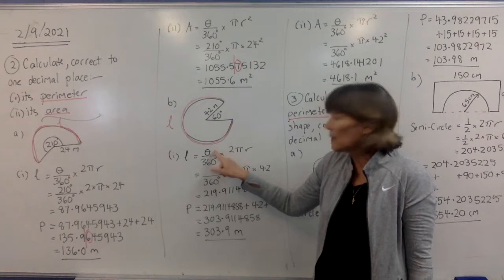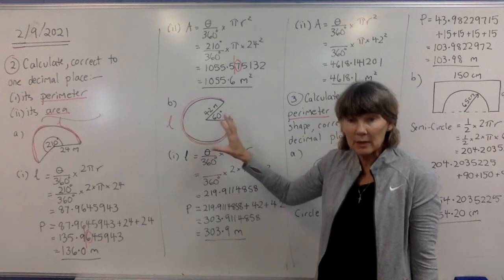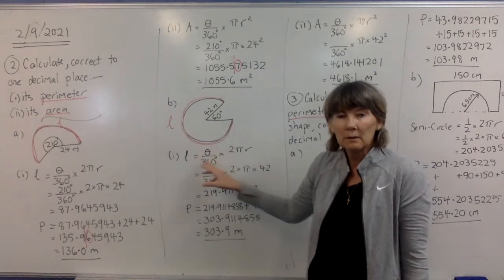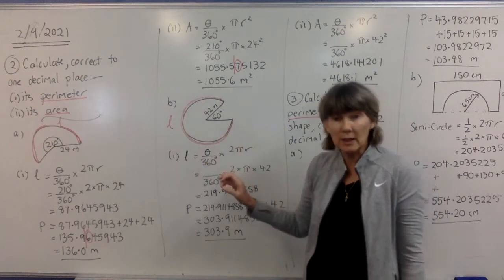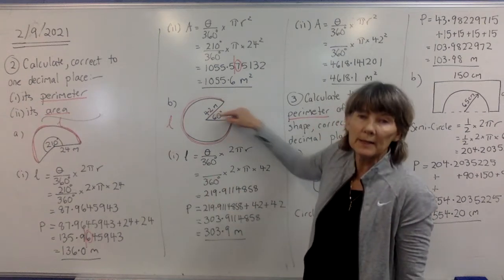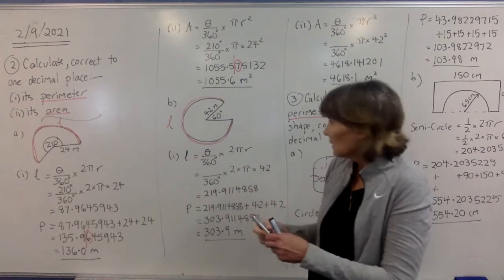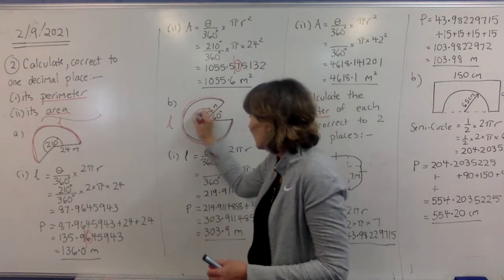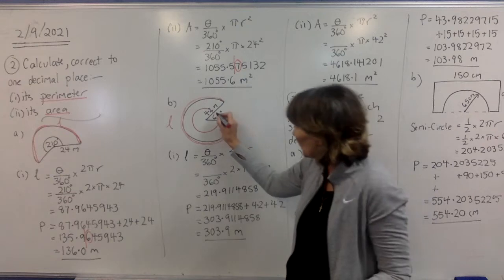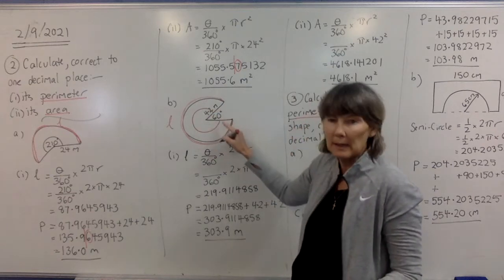You need to be putting the angle in that's at the centre of the circle of that sector. Now, this sector is actually a major sector. It's a really big one. This little piece here we would call a minor sector because it's smaller. So we need this angle here. Just get your red pen and mark that angle. We need that angle, not this bit here.